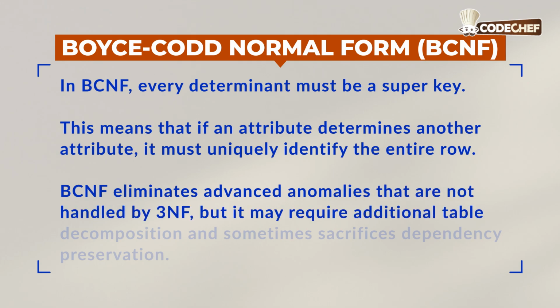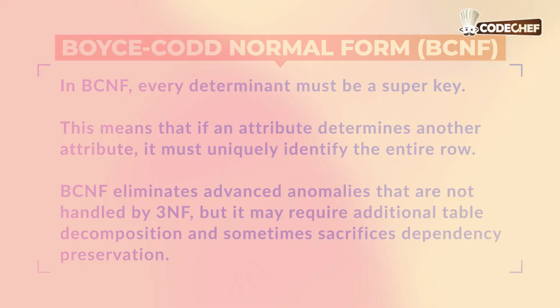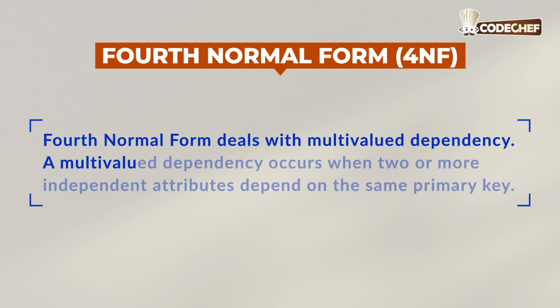BCNF eliminates advanced anomalies that are not handled by 3NF, but it may require additional table decomposition and sometimes sacrifice dependency preservation. Next is fourth normal form or 4NF. Fourth normal form deals with multi-value dependency. A multi-value dependency occurs when 2 or more independent attributes depend on the same primary key.